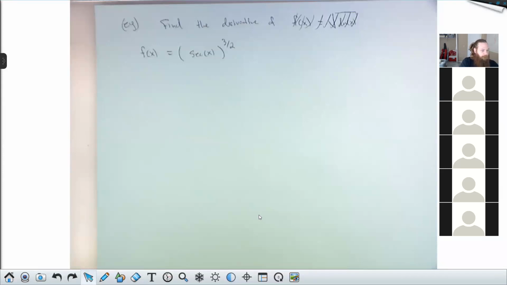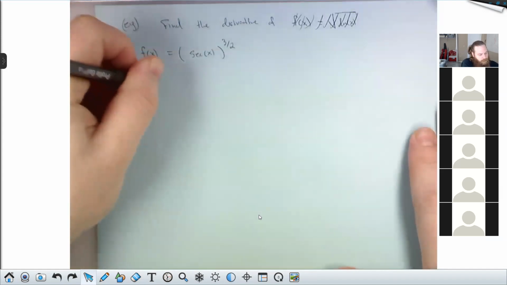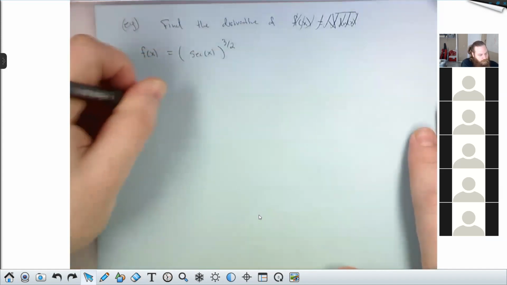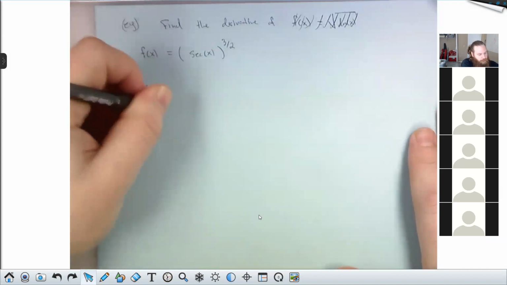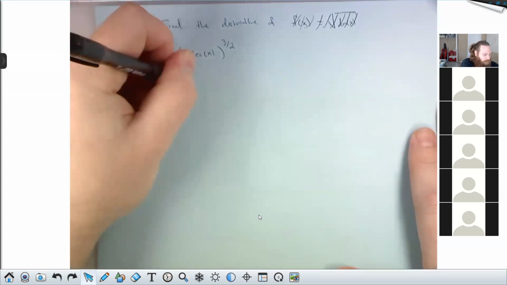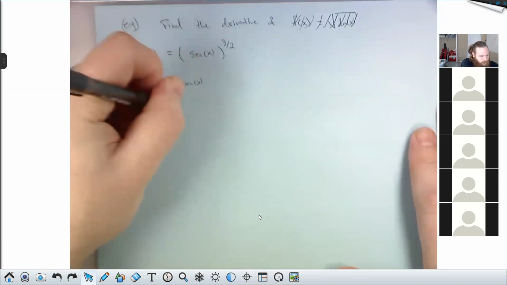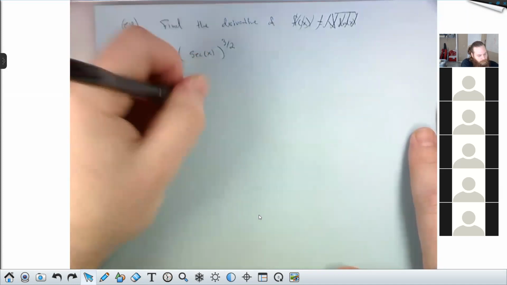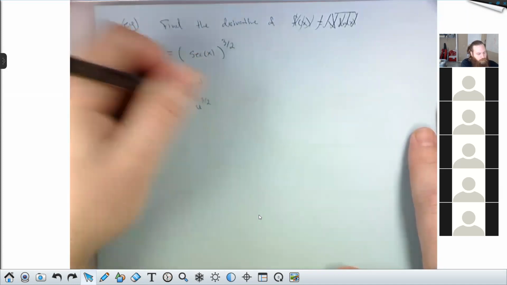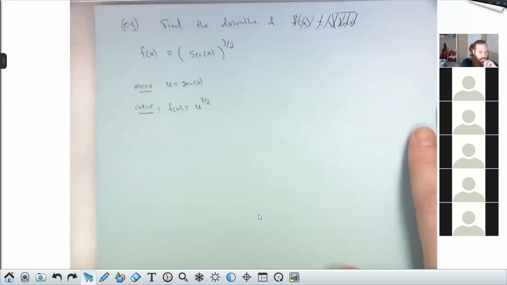Can you break it apart? Yeah, we identify my inner and my outer. So the inner part here is u equals secant x, and the outer, f of u, is u to the 3/2 power. So f of x really is f of u of x.